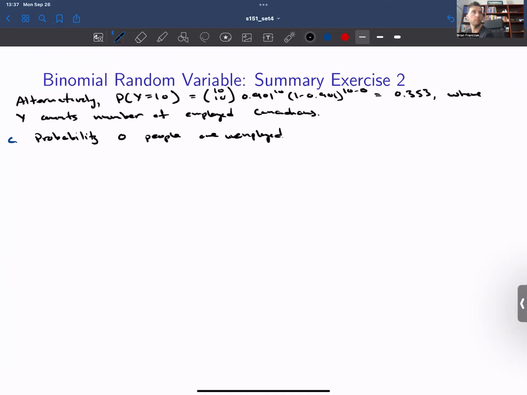So this would be the probability that X is equal to 0 in terms of unemployment. So this is the same thing as what was given.